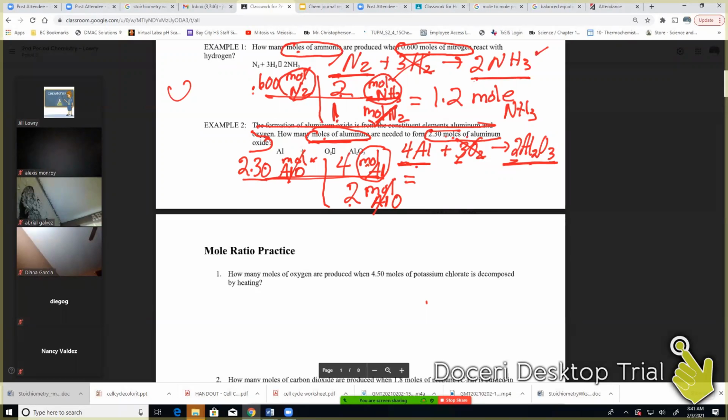So 2.3 times 4, 9.2, and then divide by what's on the bottom. Since it's not a 1, you're going to have to divide by it. So then you're going to divide by 2. 4.6. And my units are moles.